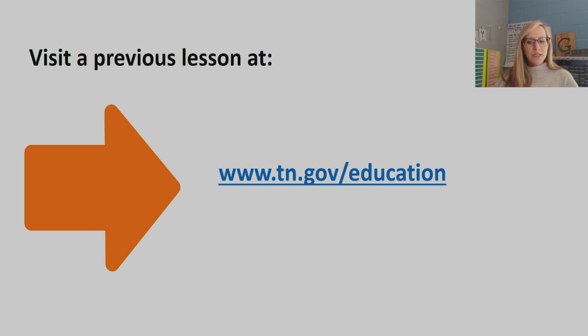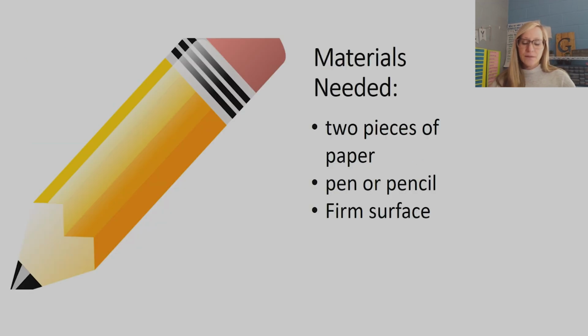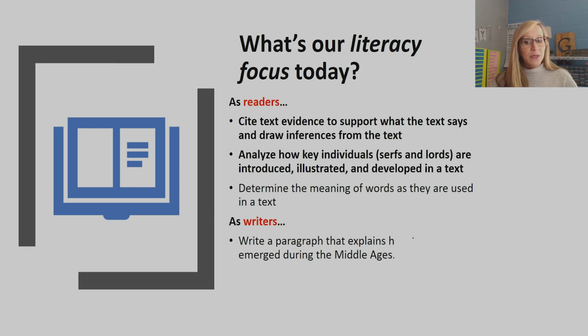So today we're going to be taking a look at a little bit of a different reading than we're familiar with, but you're still going to need similar materials. You're going to need 2 pieces of paper, a pen or a pencil, and a firm surface to write on. Even though we're reading about the Middle Ages, we're really focusing on our skills as readers and writers.